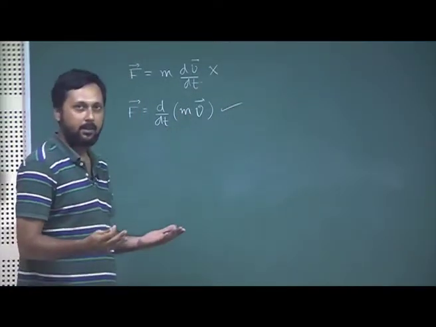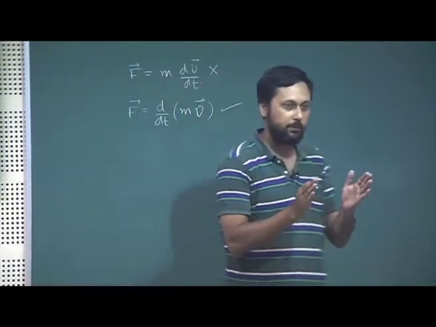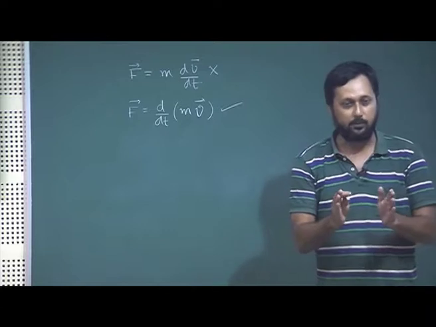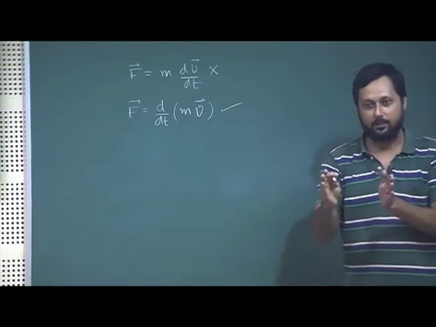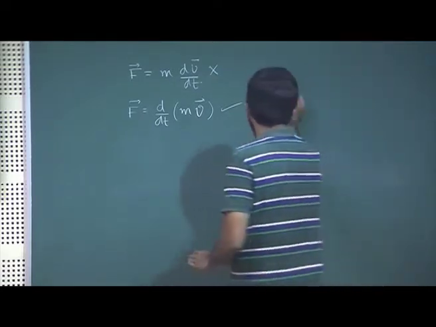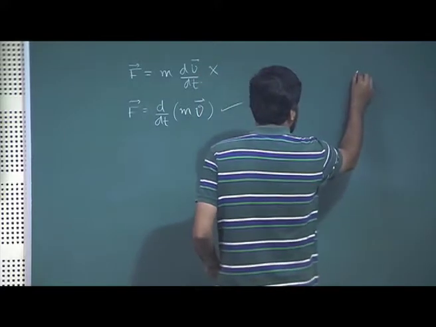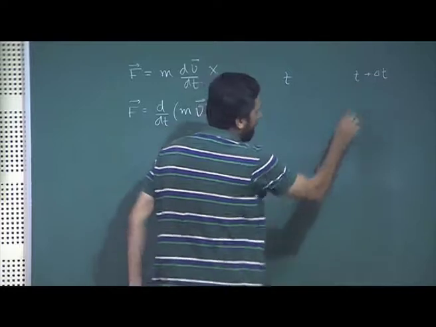Or even better, in order to get to the equation of motion of a particular system where the mass is changing, we have to slowly, step by step, construct the change in momentum at two given time steps. One is time t and one is time t plus delta t, assuming that delta t is small.